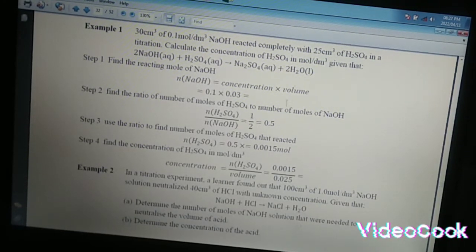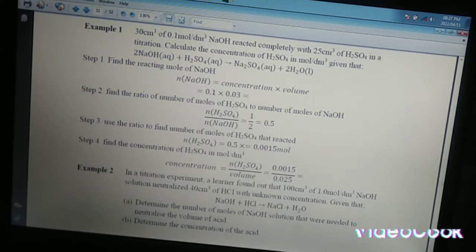And our volume, remember, has to be in cubic decimeters. 1 cubic decimeter is equal to 1,000 cubic centimeters. That's why we have 0.03. Don't get surprised, why are they writing 0.03 when we have 30 cubic centimeters? It's 0.03 because we have changed the cubic centimeters to cubic decimeters.